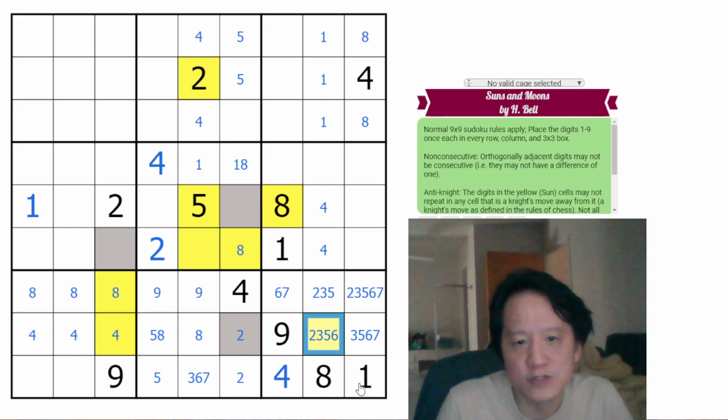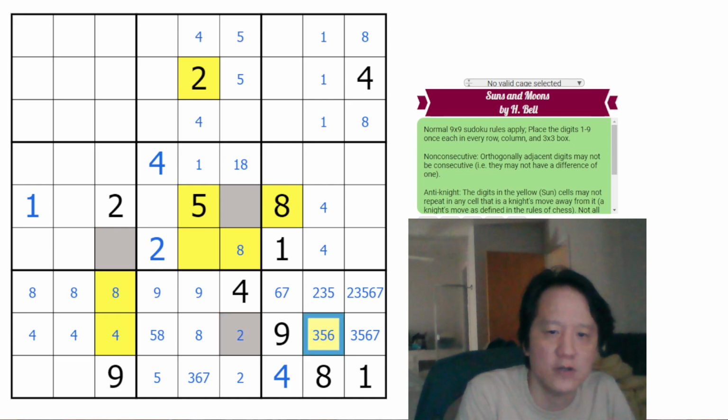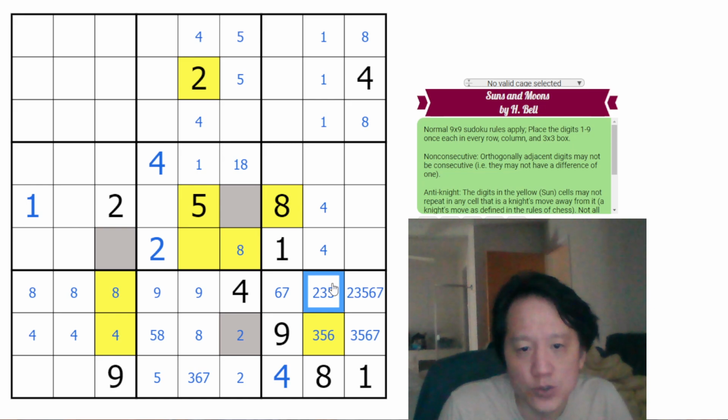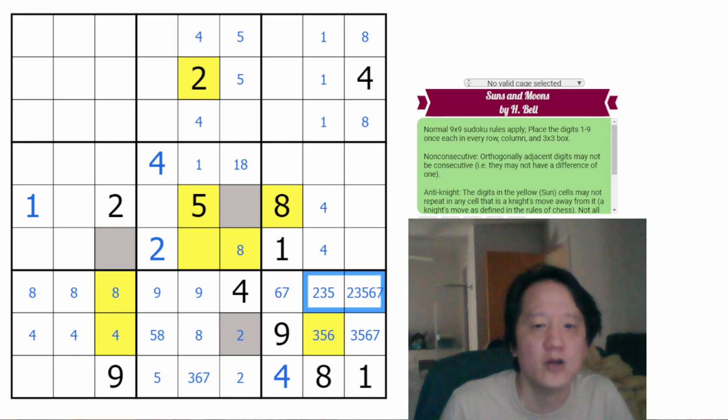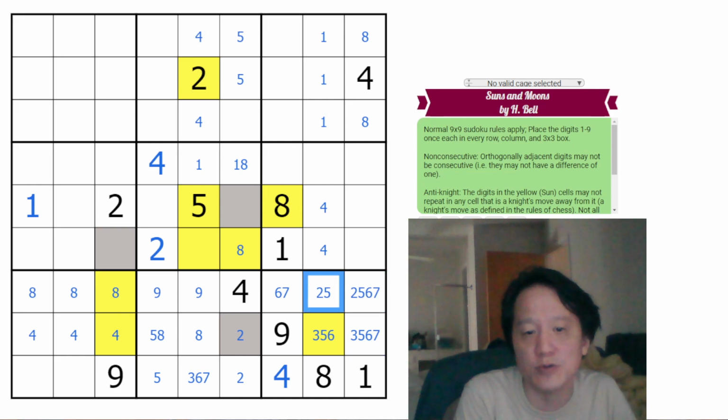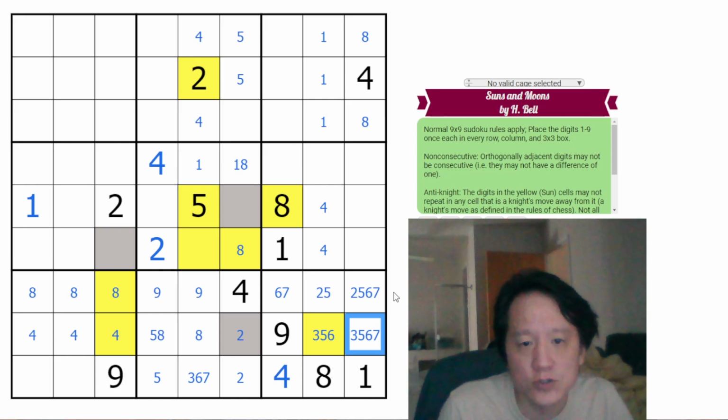2, 3, 5, or 6. If this is 2, this would eliminate the 2 in there, so this cannot be 2. So we know then that the 2 has to be one of those 2. Therefore, the 3 cannot be there, because if the 3 were there, it would be 2 and 3 next to each other. So the 2 is here. The 3 has to be here.